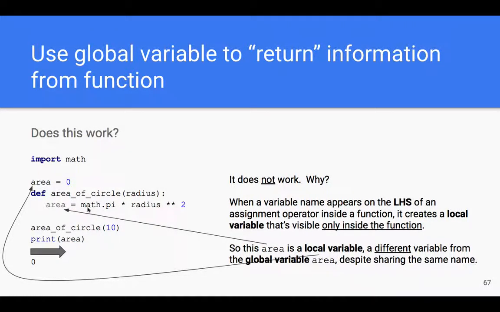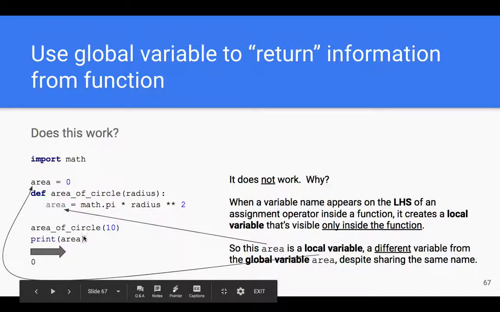So when we assign 314 to this area, it assigns it to the local variable area. And the global variable area was not changed. That's why when this function is done and we come to print the area, this is the global variable area, and it remains at 0.